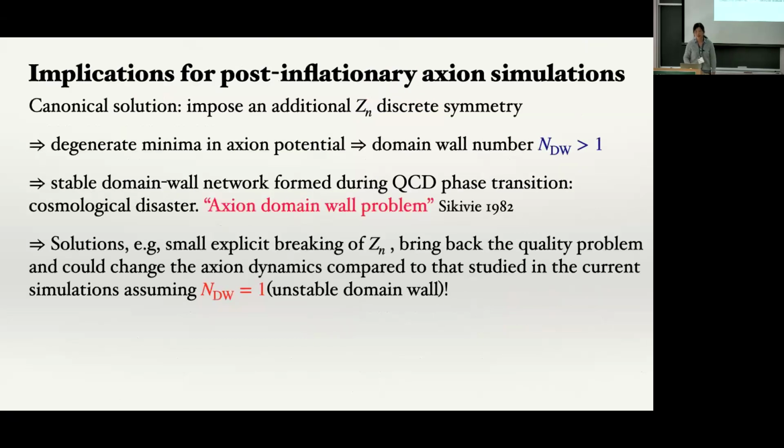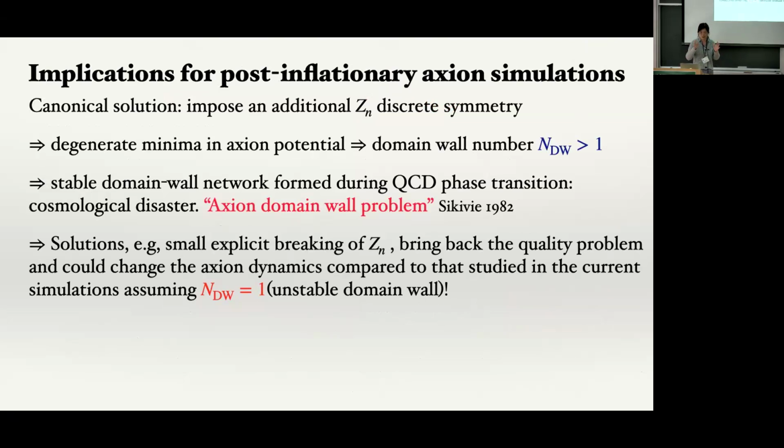So a canonical solution is actually to impose an additional Zn discrete symmetry, but that will lead to degenerate minima in the axion potential. So cosmologically, that means you have these domain walls or separations between different minima. And then the domain wall number, quantifying the types of domain walls, is larger than 1.